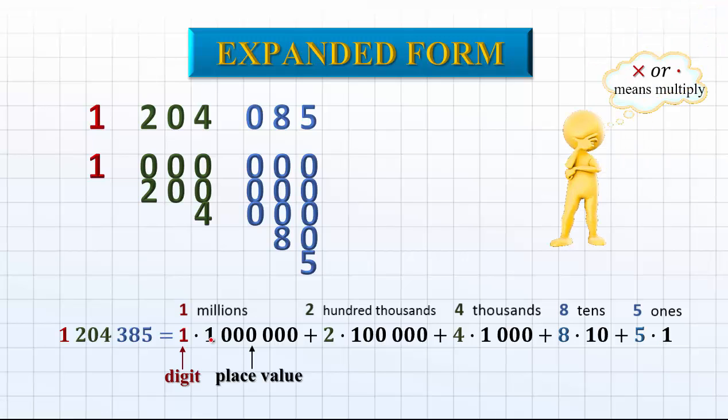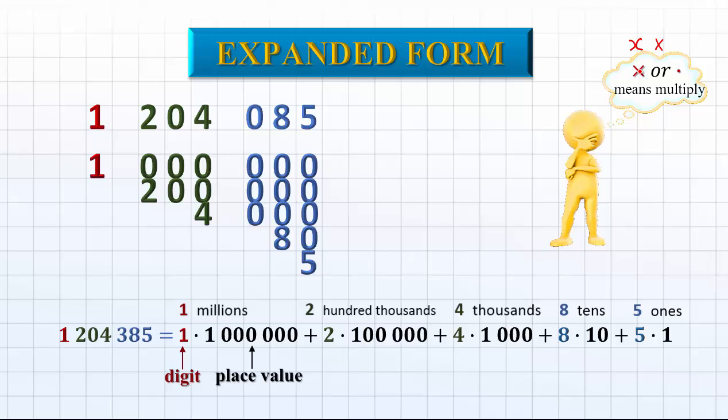Notice that we've been using multiplication between the digit and the value of the place. Some of you are used to seeing multiplication as a cross like this, but we can also use a dot for multiplication, and actually in preparation for algebra, I would encourage you to use a dot at the middle of the line, because this cross can be easily confused with a variable x that some people write like this, but other people just write like this.